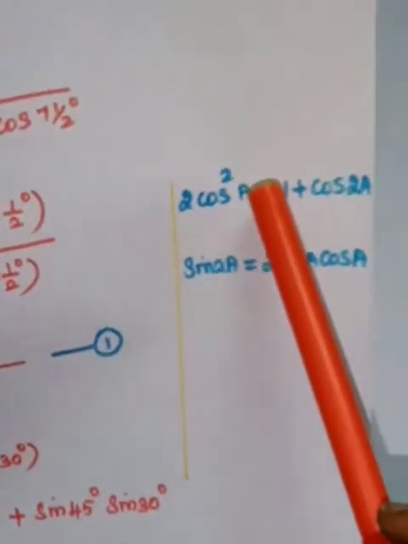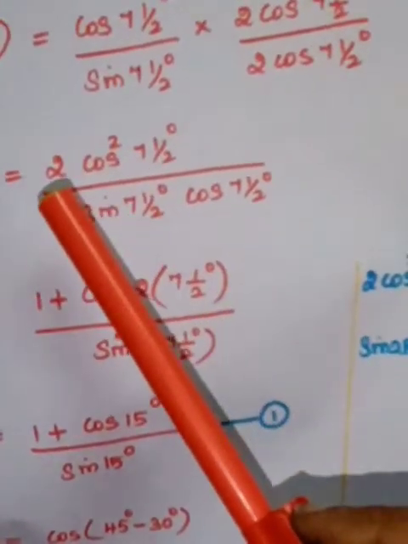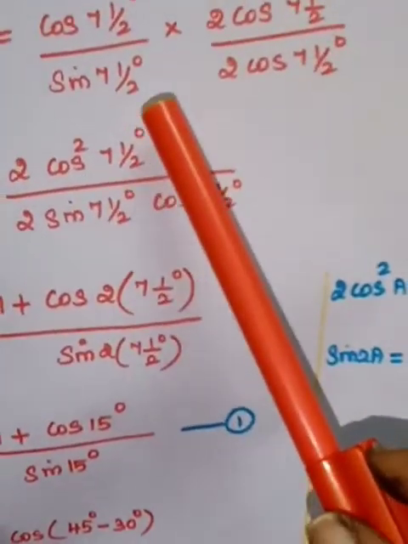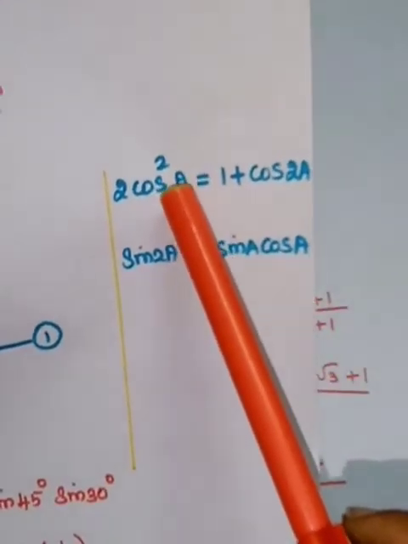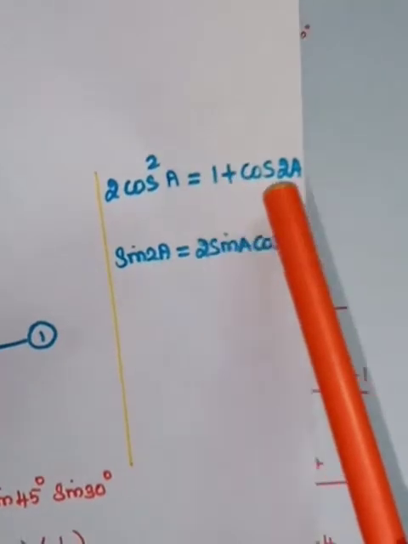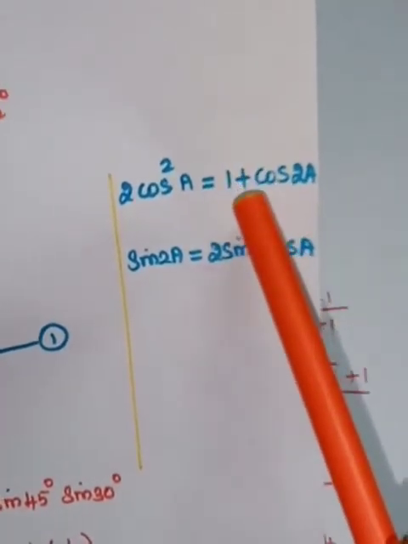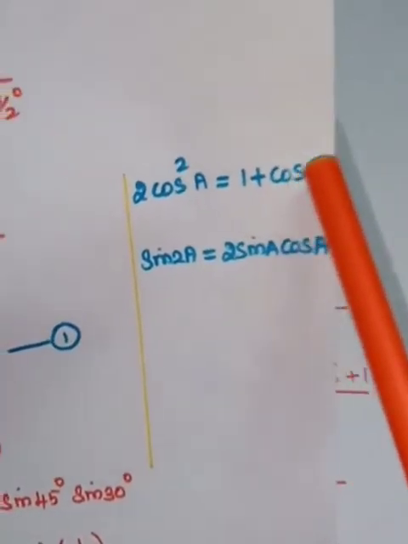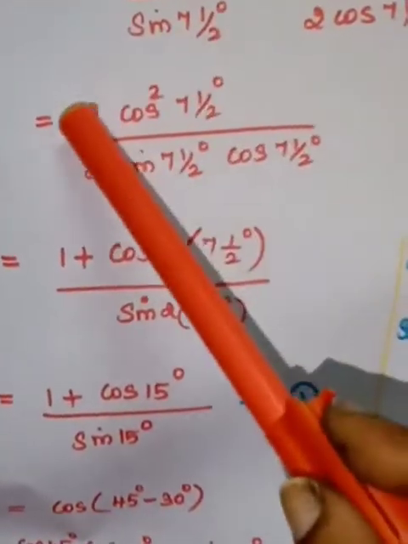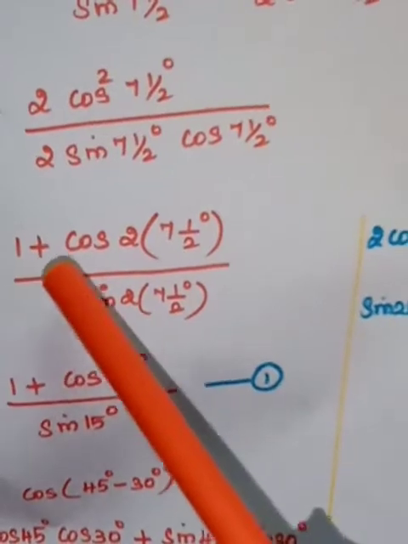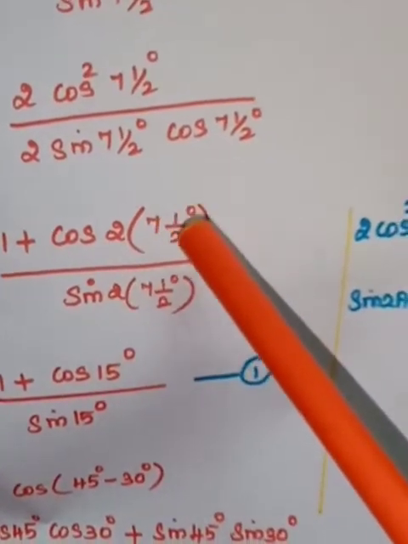In the place of a, you are having 7.5 degree. So when you apply this formula, 2 cos squared a can be written as 1 plus cos 2 into 7.5 degree.